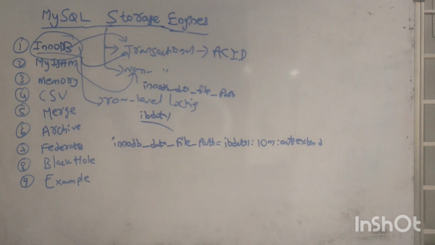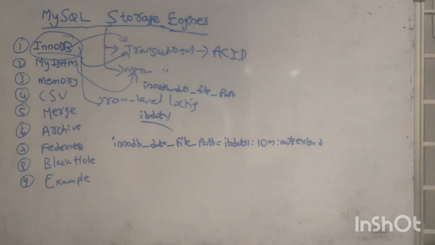When we specify the autoextend attribute, the data file automatically increases its size by the size we mentioned. Here we mentioned 10 MB, so it will automatically increase by 10 MB whenever space is required. There is also another parameter called innodb_autoextend_increment that defines the increment size.